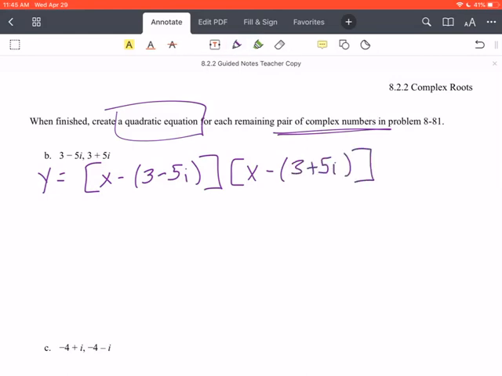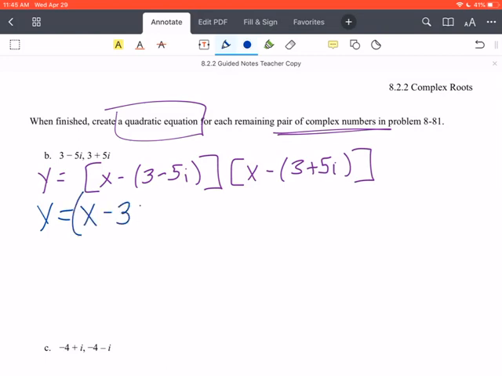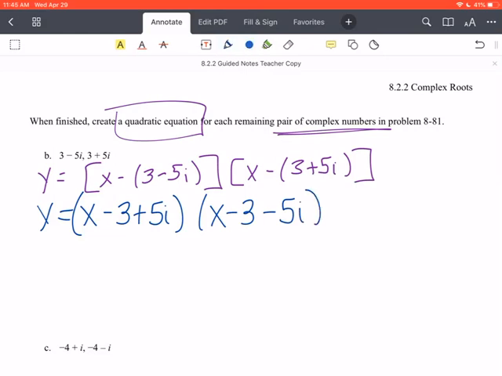Okay, so we need to double distribute. Or no, sorry, we need to simplify. We need to distribute that negative. So x minus 3 plus 5i, distribute the negative, and then distribute the negative again: x minus 3 minus 5i. Then we're going to do a lot of distributing.